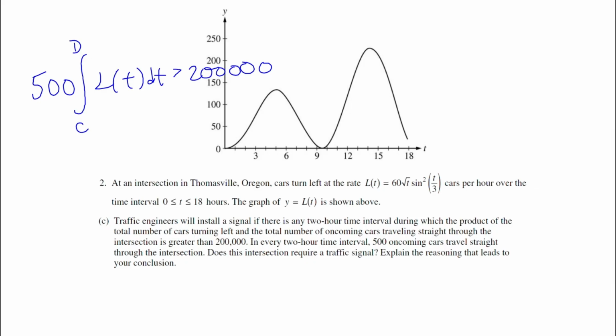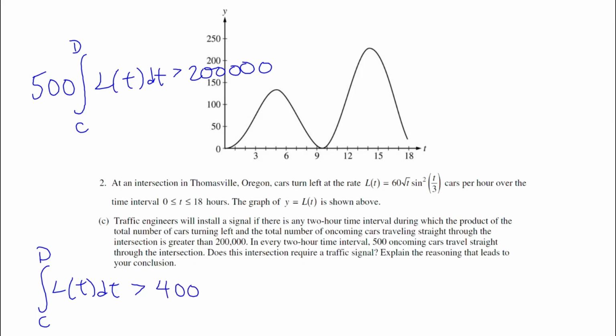So the question then just becomes, can we find an interval on which the integral from C to D of L of t dt is greater than 200,000 divided by 500? Well, 200,000 divided by 500 is just 400.